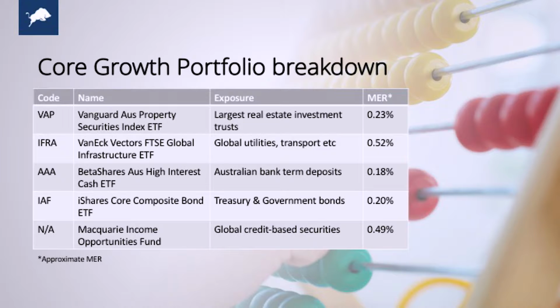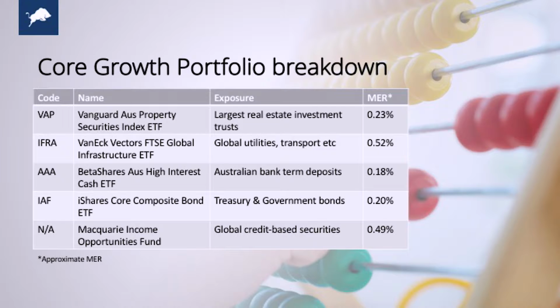So if you were to ever look at the price chart of AAA, what you'll see is it'll look a bit like a saw. Every single month you'll see the interest accrue, so that's when you see the share price going up. Then it pays out the interest at the end of that month, so it drops, and then it'll continue to accumulate again and then pay it out. So that's what we use for our cash component. They go out there and find the best term deposit rates for us, so we don't have to.